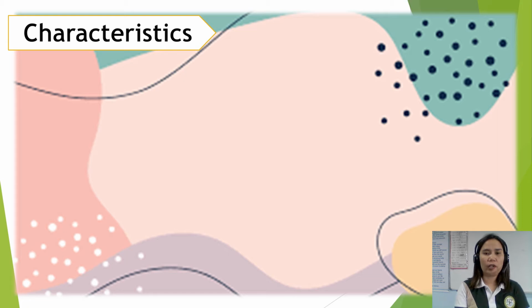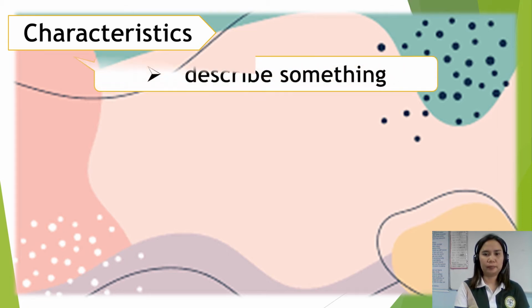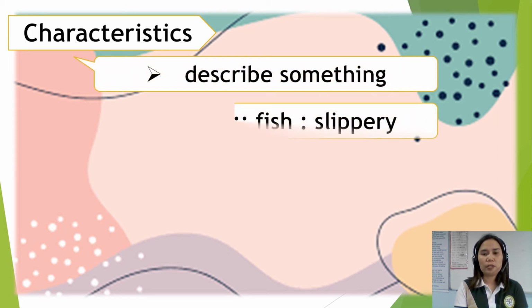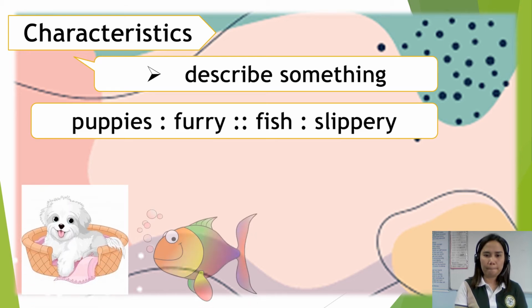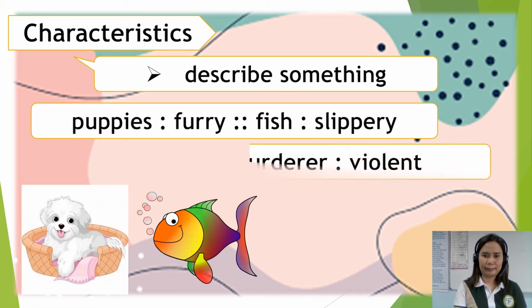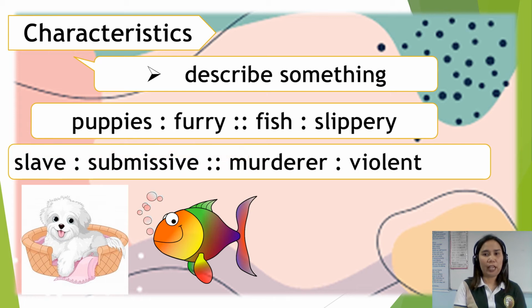Next we have, now let's have the characteristics. So it describes something. Like for example, puppies, furry, fish, slippery. So when you describe puppies, they are furry, and fish are slippery. Next we have slave, submissive, murderer is violent.